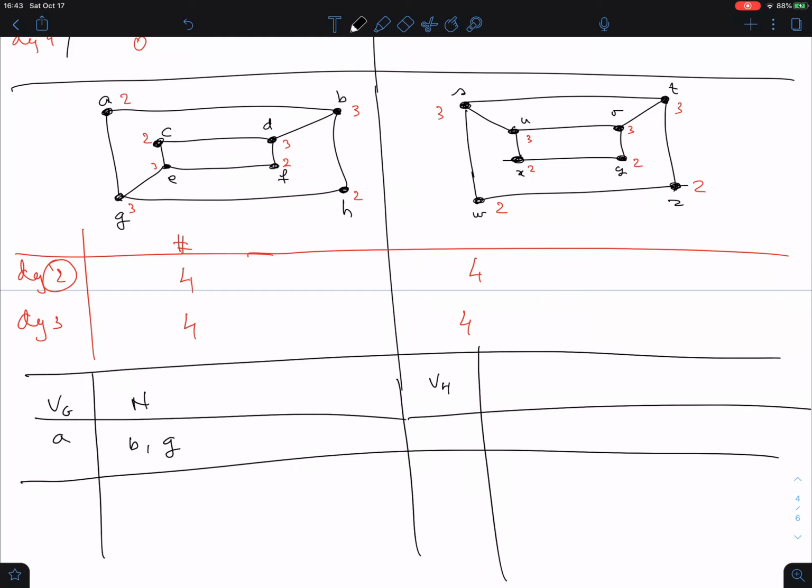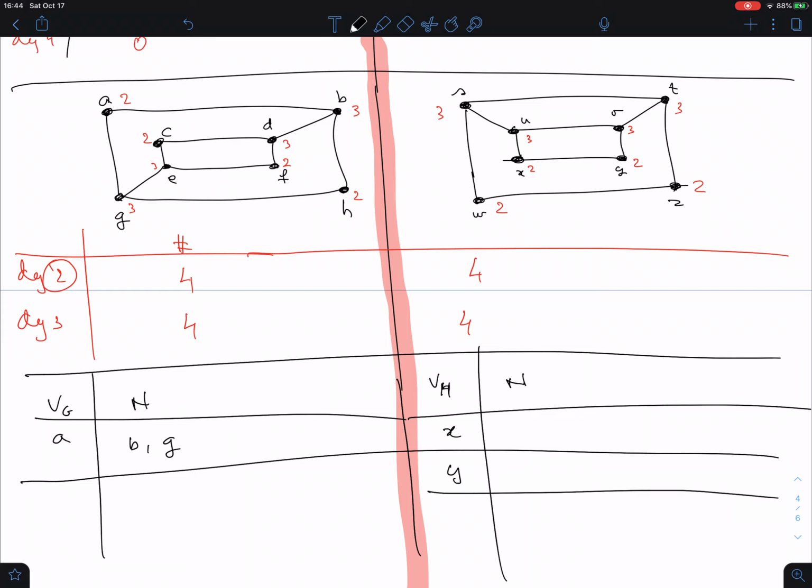Sorry, I'm making my matrix. I hope you can still follow a little bit. There's a big dividing line here, just the line between the two. Here are going to be the neighbors of these vertices. What are the degree 2 vertices here? We said that was X, Y, W, and Z. Bear with me why I'm doing this.